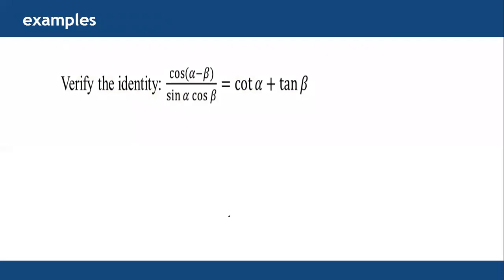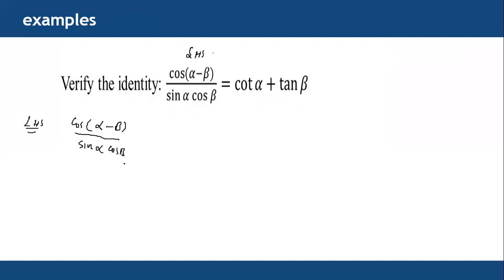Okay, this one: how to verify that cosine(alpha minus beta) divided by sine alpha cosine beta equals cotangent alpha plus tangent beta. If you extend the cosine formula, you can prove this identity. Let's suppose this one is your left hand side. So take the left hand side: cosine of alpha minus beta divided by sine alpha and cosine beta.